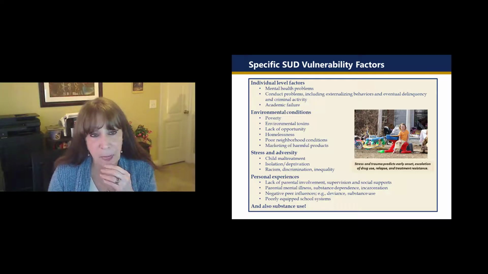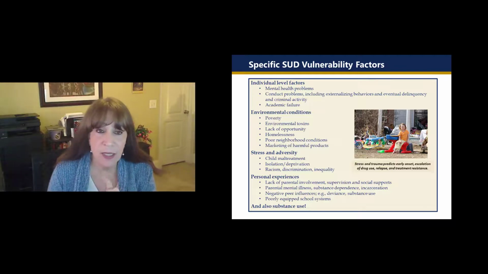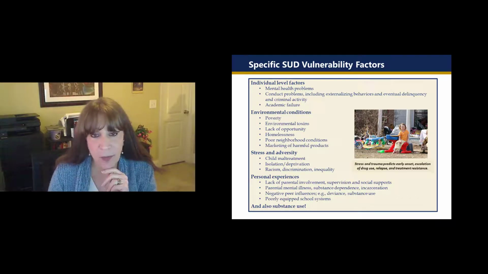But they fall into these different domains of individual level factors. We have mental health problems, conduct problems, and I will say conduct problems, our research shows, when I say our, I mean the field, not just mine. Conduct problems is one of the very most influential in terms of predicting later substance use disorder.